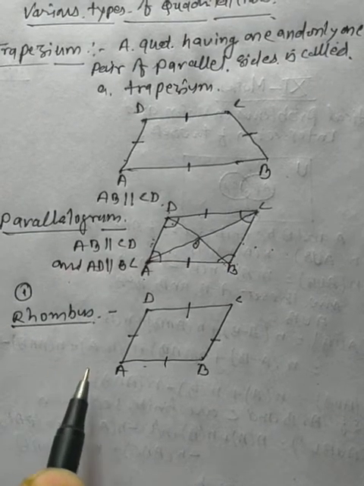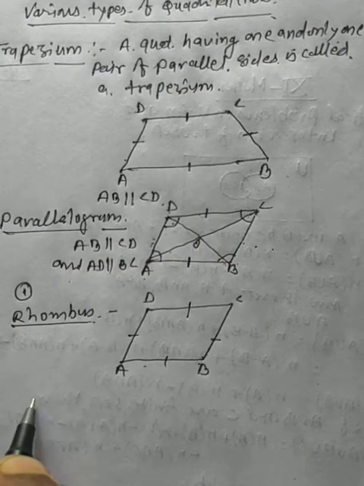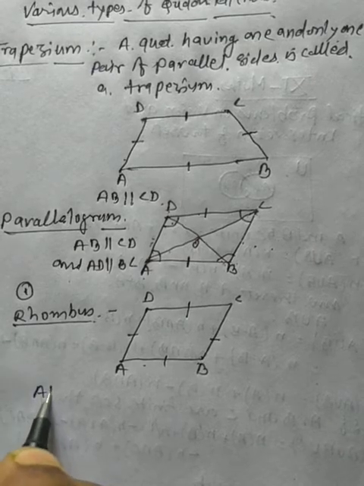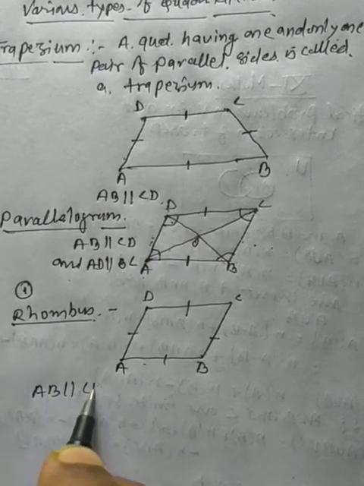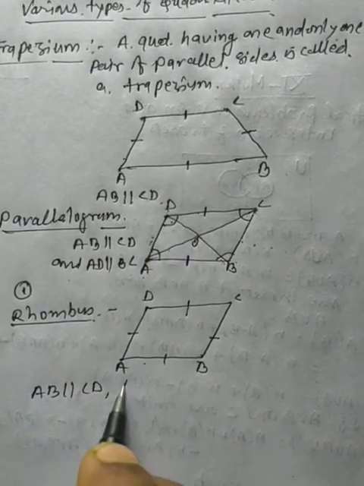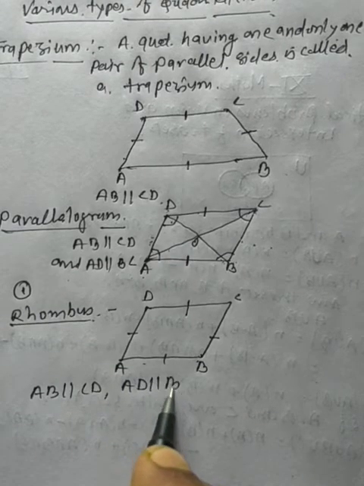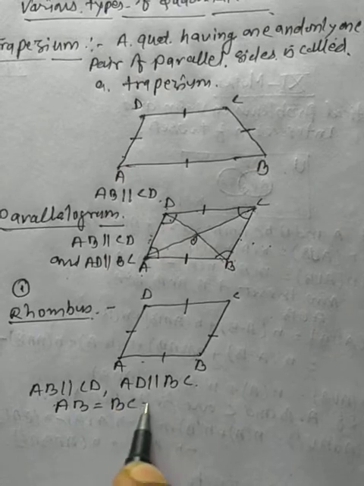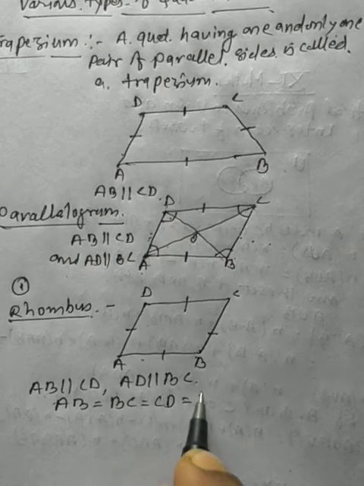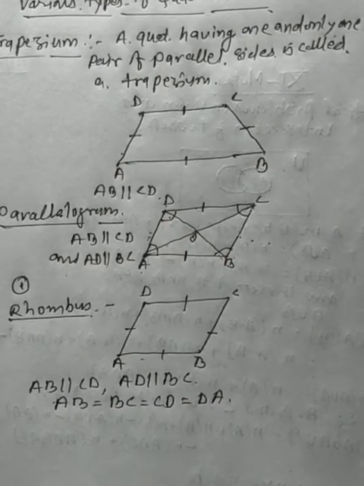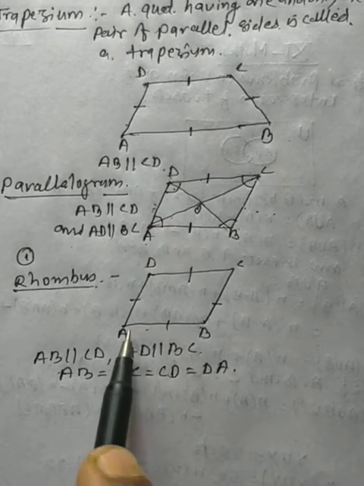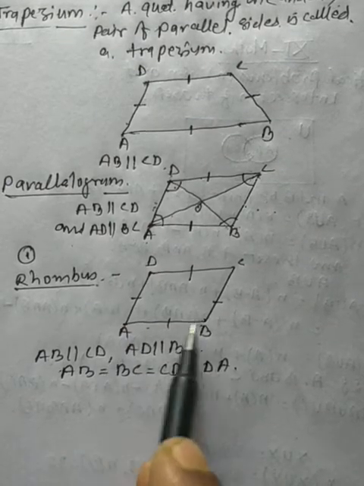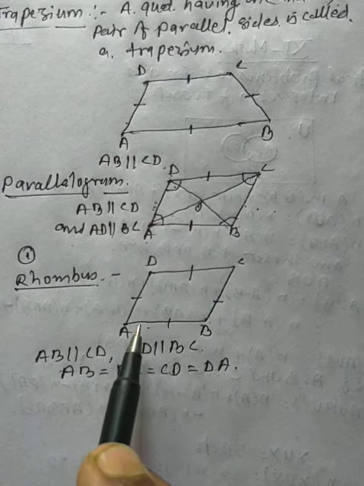So in a rhombus AB is parallel to CD and AD is parallel to BC and AB is equal to BC is equal to CD is equal to DA. Then the parallelogram is called a rhombus.